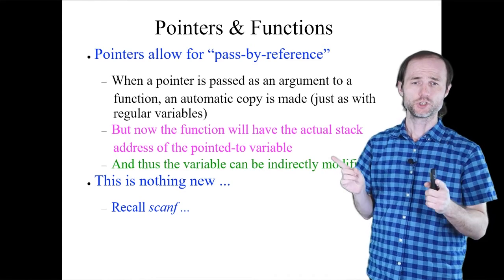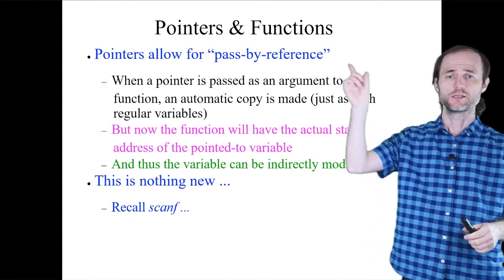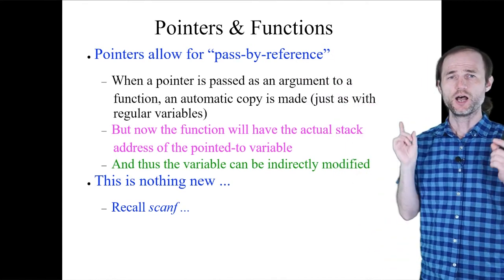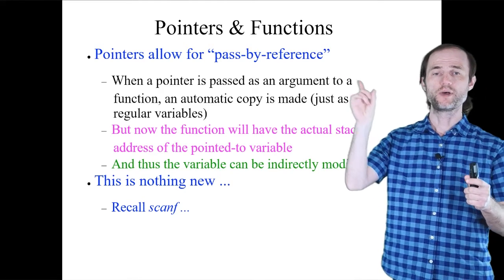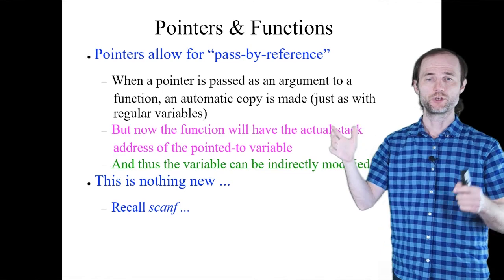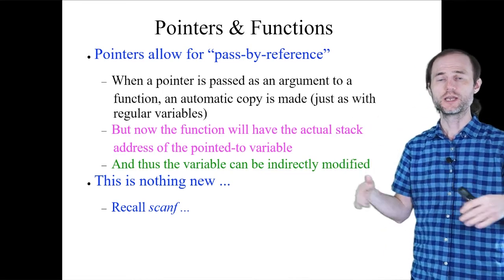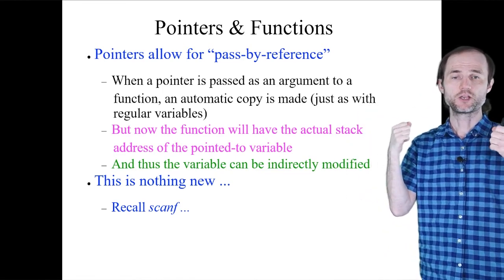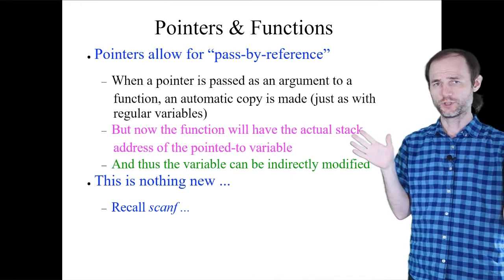So let us recap that pointers and functions allow us to pass variables by reference. If you pass the pointer as an argument to a function, the function receives a copy of that, just like with a regular variable.